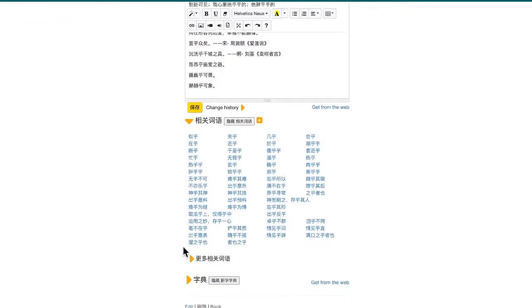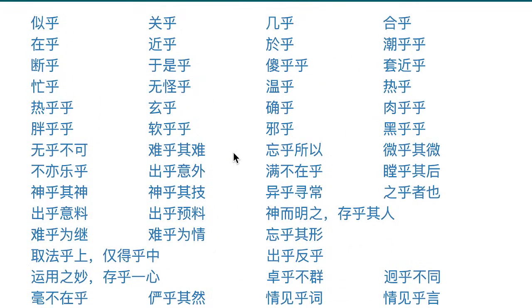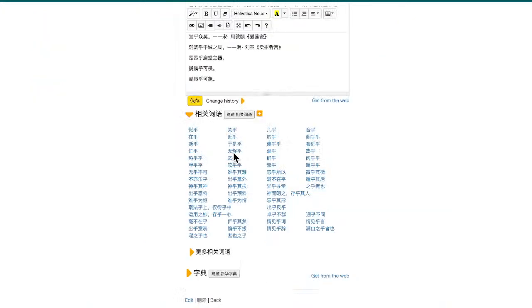In modern Chinese, it exists in some words like 是乎, 在乎, 关乎, 近乎, 几乎, 热乎, 套近乎, 热乎乎, 出乎意料. All these are words or idioms.